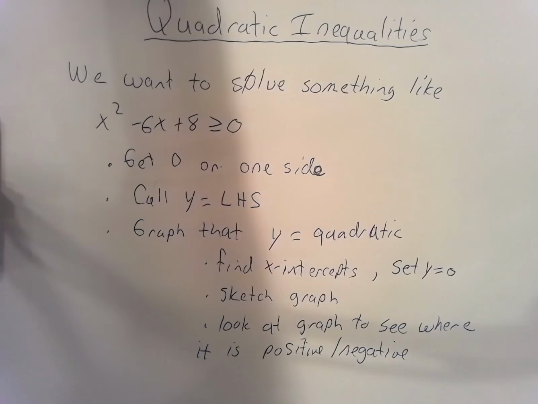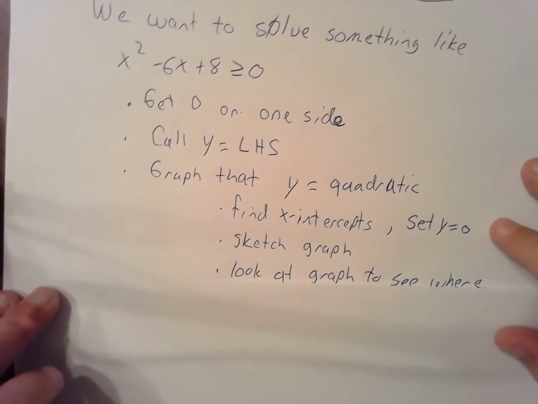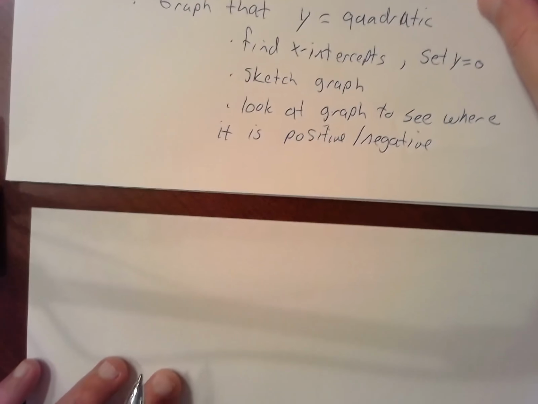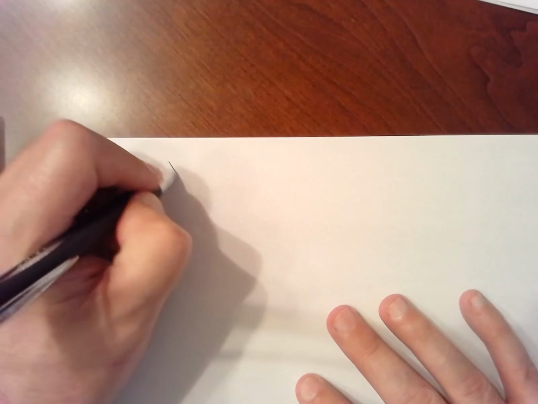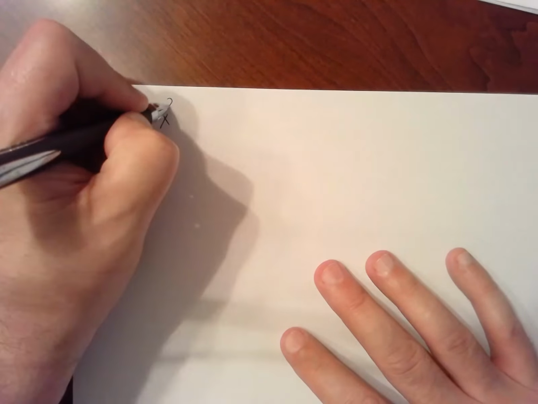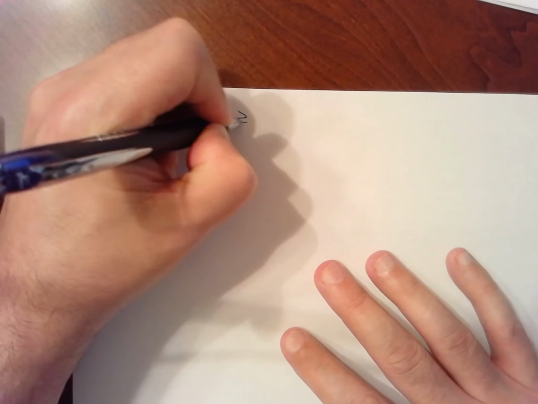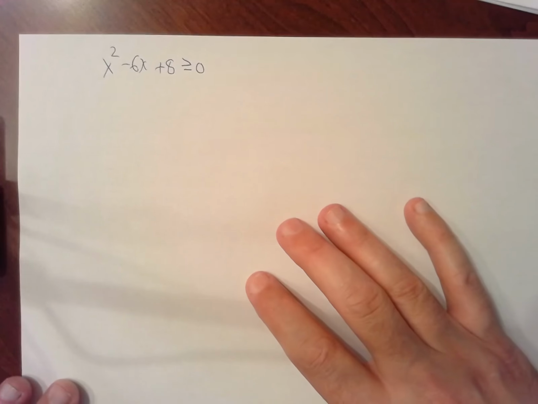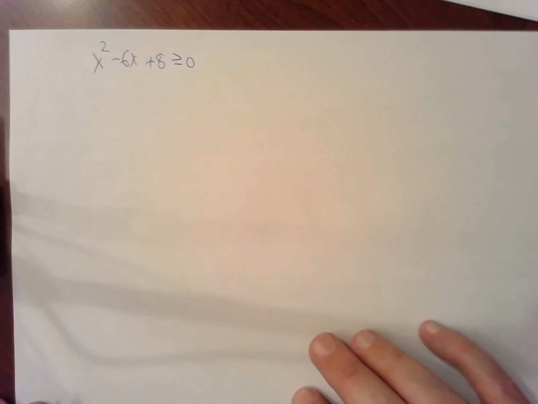So, we want to do this guy right here. x squared minus 6x plus 8 greater than or equal to 0. That's our first example. Okay, the first thing we're going to do is forget about the greater thans and the less thans.